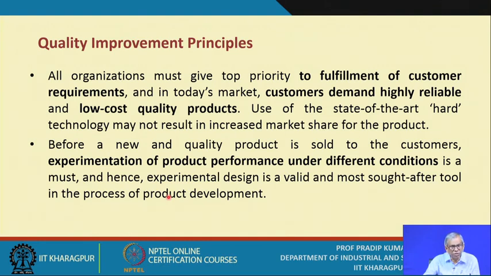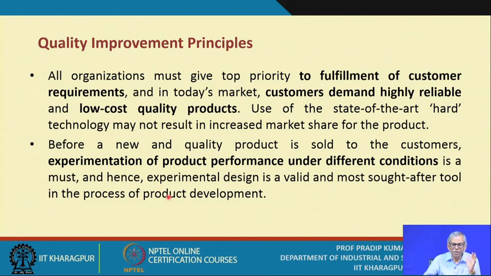As I have already mentioned, the quality should improve continuously, if not continuously, at least continually, whereas the cost to produce that quality should continually decrease over time with respect to the same quality characteristics, the same part, the same product.